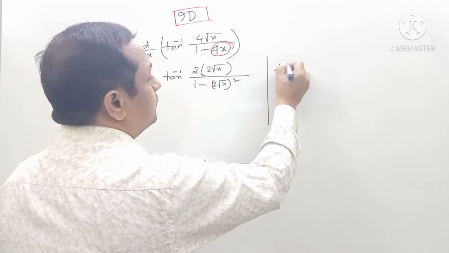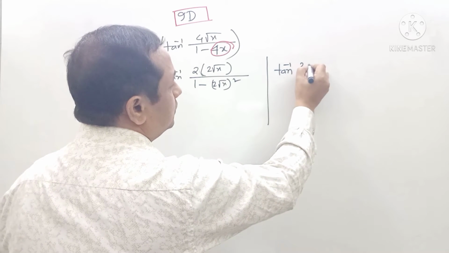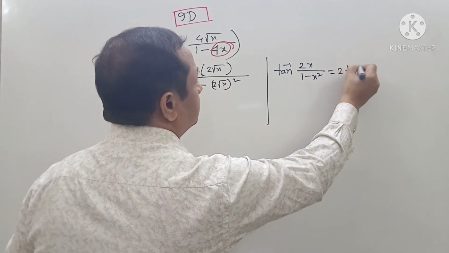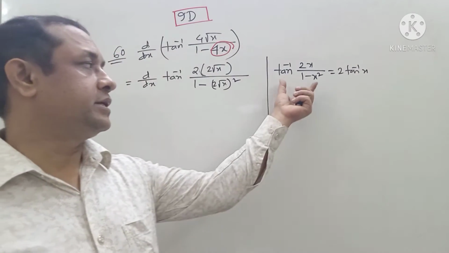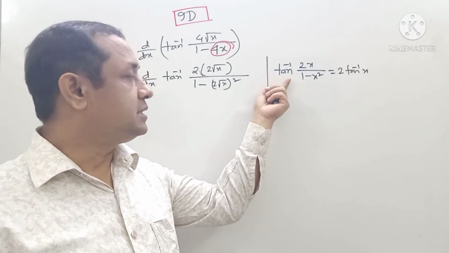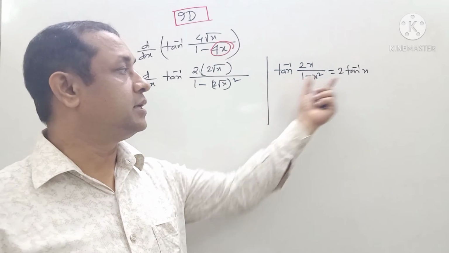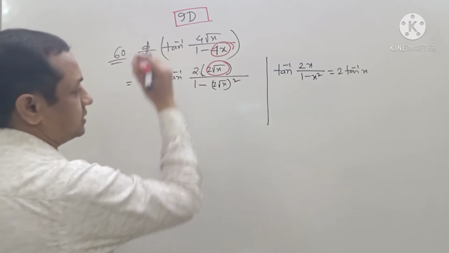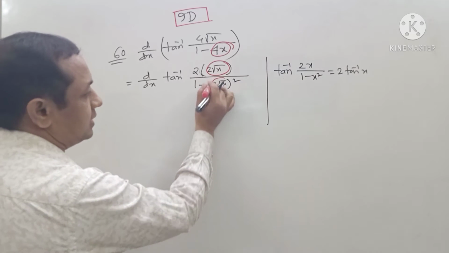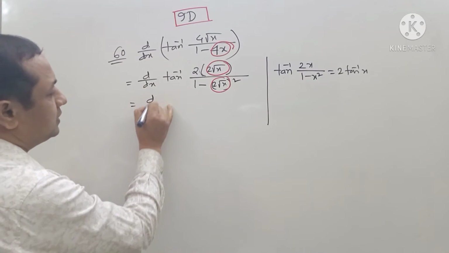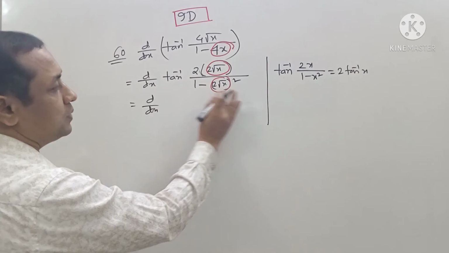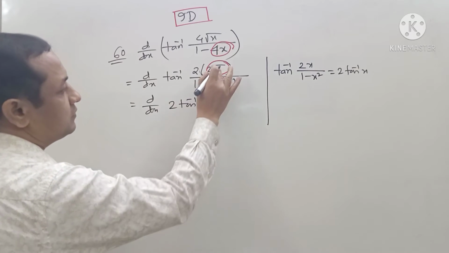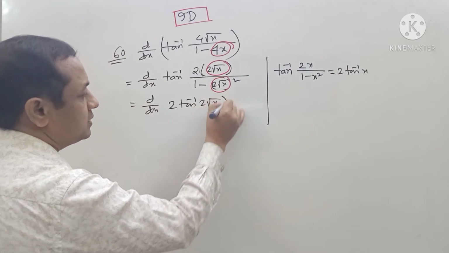Memorize it. Using this trigonometric formula, tan inverse of 2x by 1 minus x square equals 2 tan inverse x, here x is 2 root x.